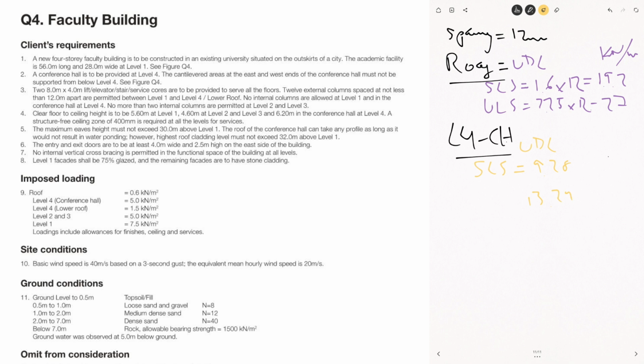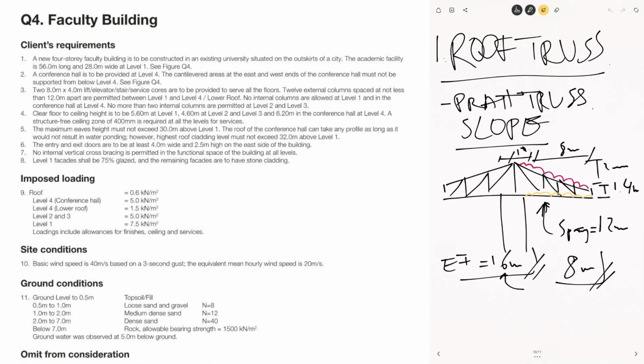ULS is 13.2 times 12, and SLS is 9.25 times 12. This is also in kilonewtons per meter: 111 and 158.4.